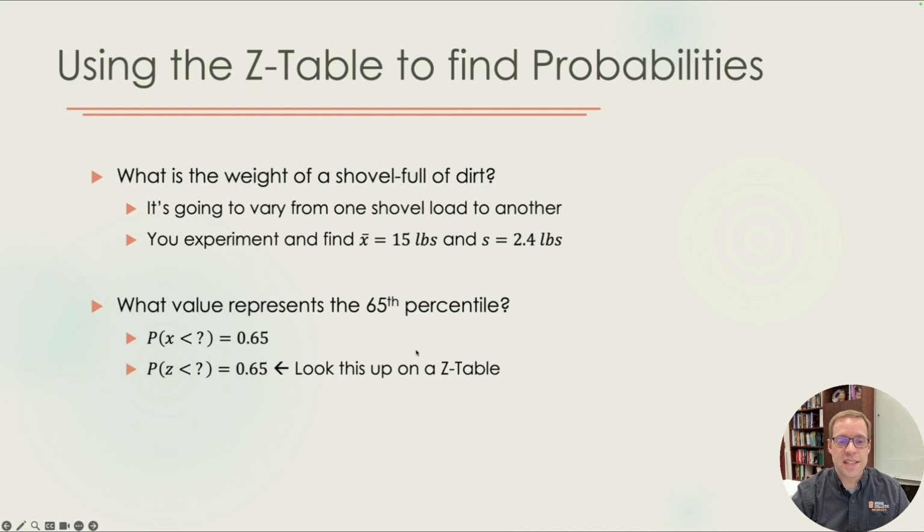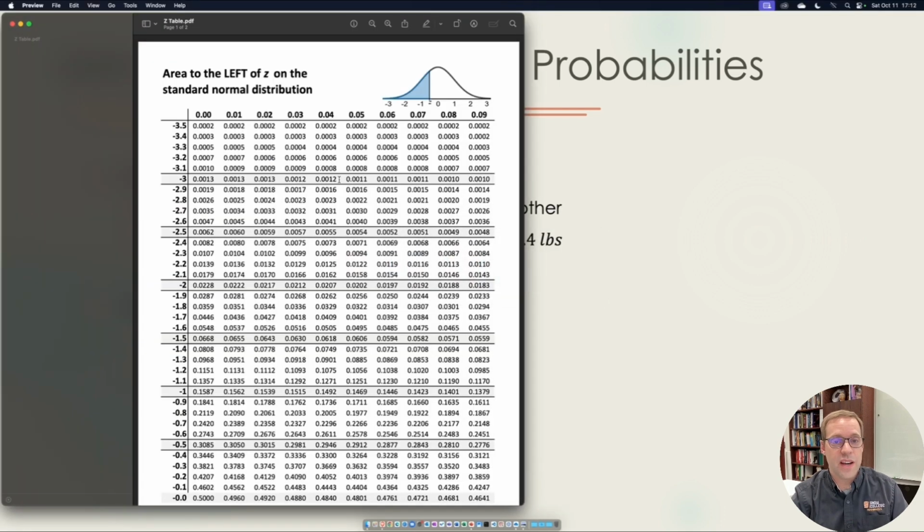In this case, we're going to go the other way around. We're going to start with a probability and find the z-score. So I look inside and say, where is the area equal to 0.65? Now, all of these have negative z-scores, which means that the highest my probability can be is 0.5, and there it is at a z-score of 0.